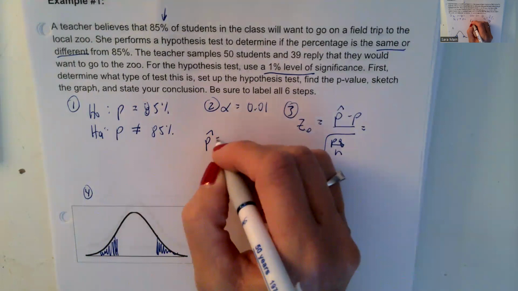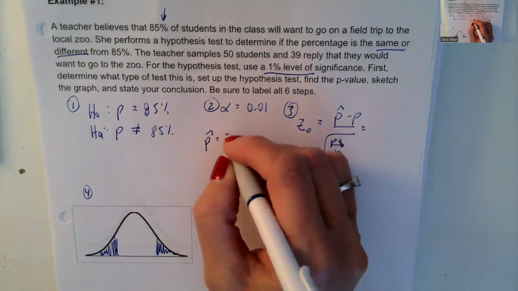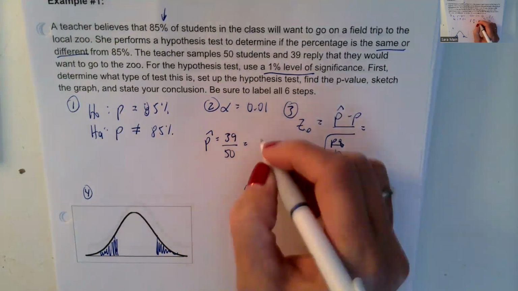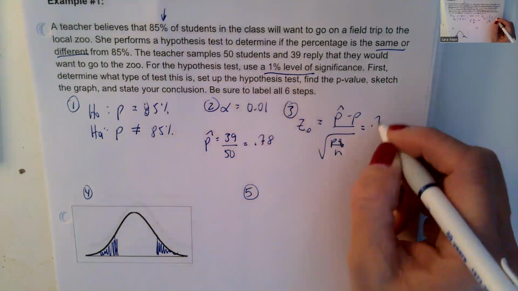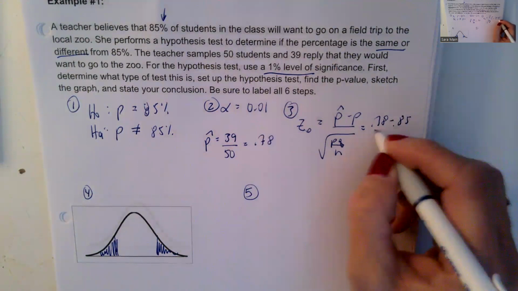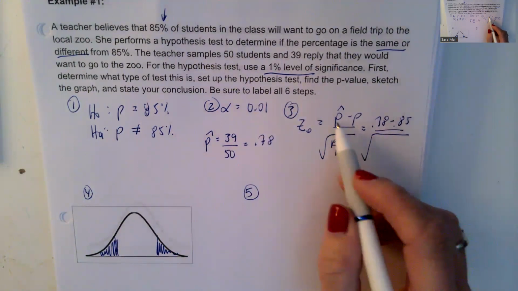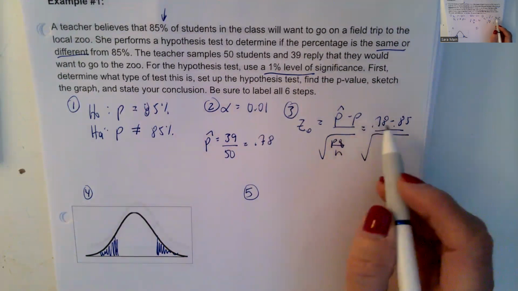Our p hat, the program in Desmos will calculate this, but if you want to look at it ahead, it's going to be x divided by n. And so that comes out to be 0.78. So this would be 0.78 minus the 0.85 divided by the square root of. Notice this p and q is not from the p hat, it's the p 0 or p that we think is true.